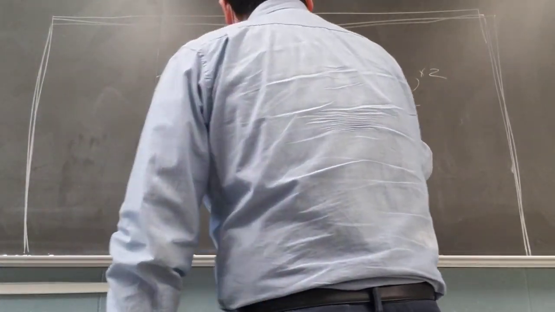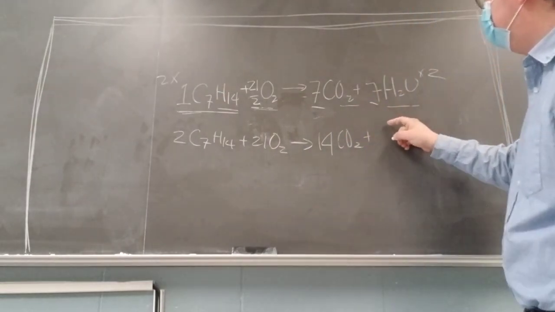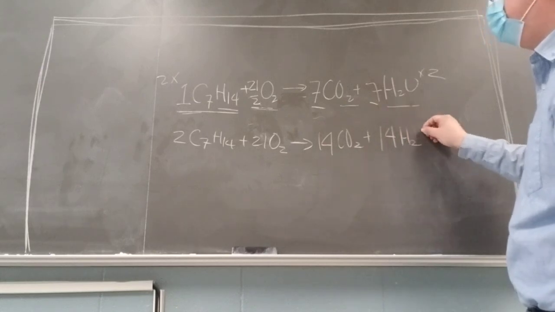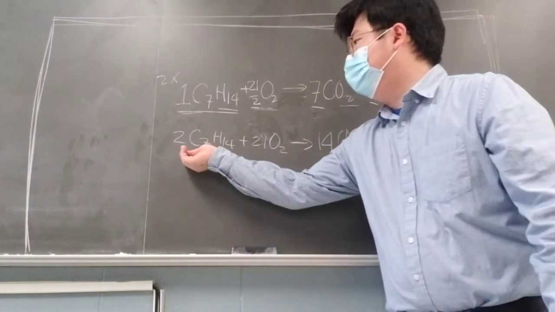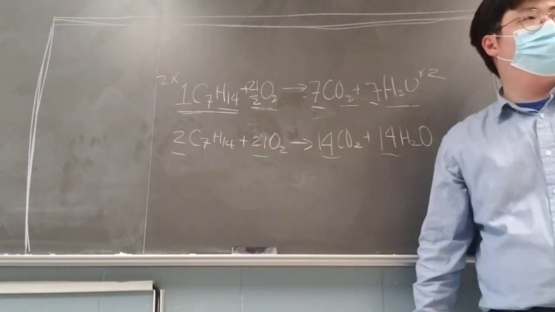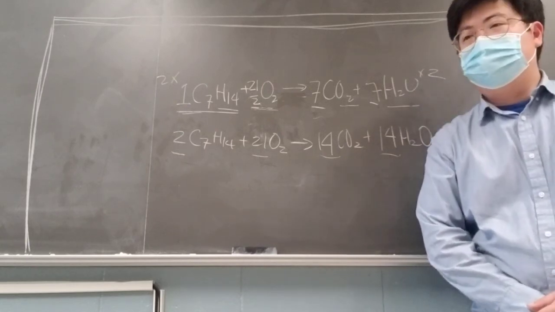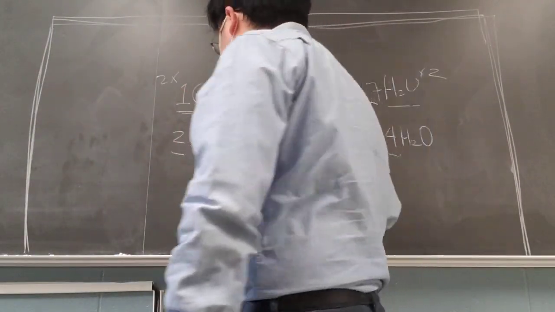And 7 times 2 is 14. And 14 as well. Okay. So the numbers you're looking for are now 2, 21, 14, and 14. Make sense, right? Good? Okay. All right, perfect. Can I move on? Okay, let's move on.